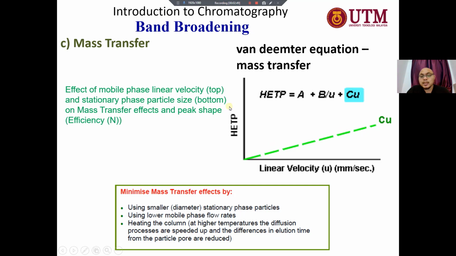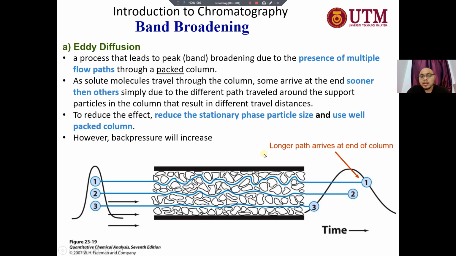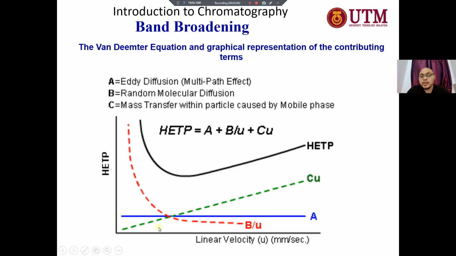The HETP number becomes higher as the velocity increases. So we need to use a low velocity, but we need to keep in mind that if we use a low velocity of the flow rate, the effect of random molecular diffusion becomes much higher. So we need to find the optimum flow rate.